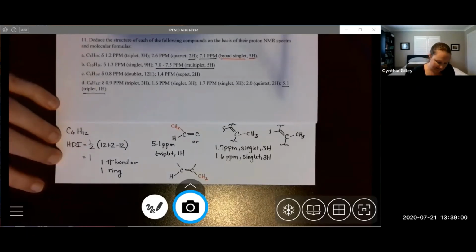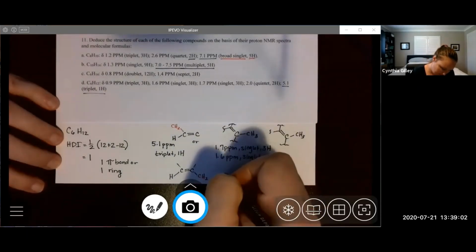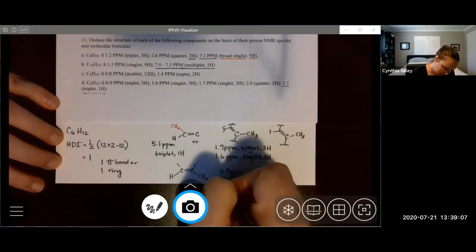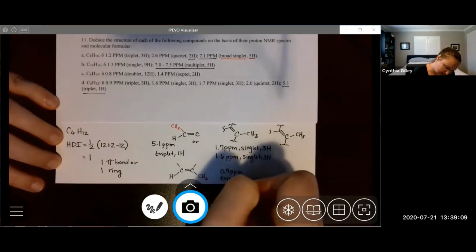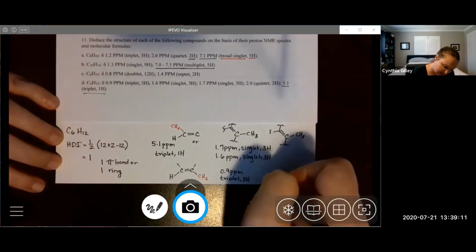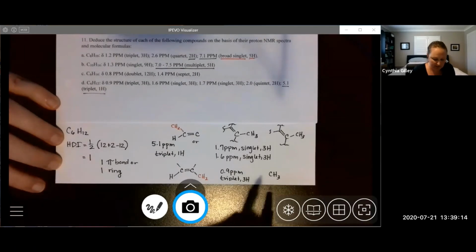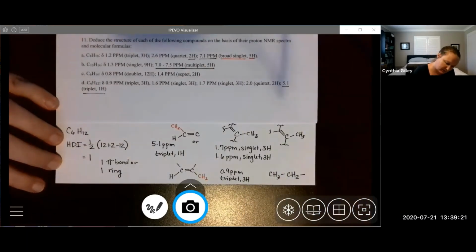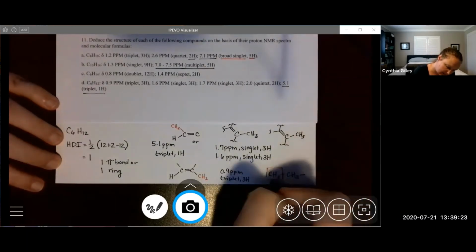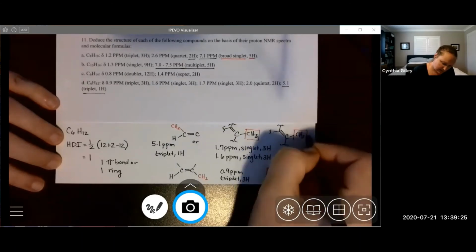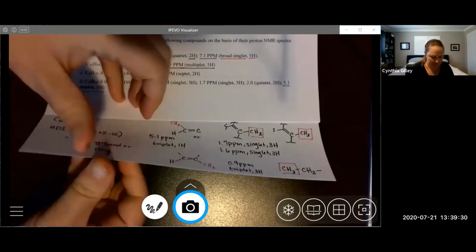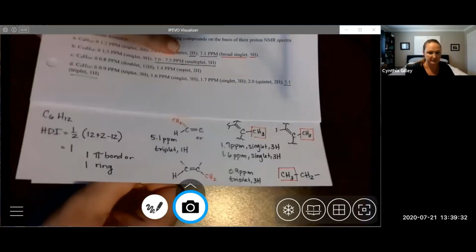And then the last signal, we have 0.9 ppm, triplet, 3 hydrogens. So that's a CH3 because of the 3 hydrogens. It's a triplet, so it has 2 neighbors, right? So that's an important piece of information here as well. So we're putting all of those together to see if we can come up with a structure.